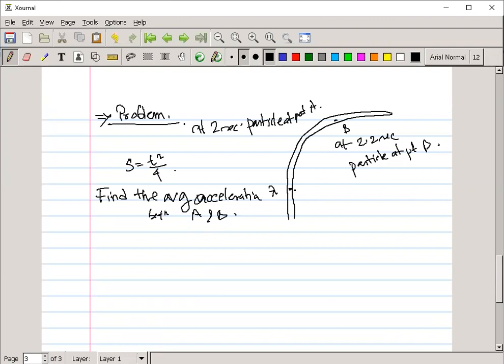It is given for a particle that at 2 seconds it is at point A, and at 2.2 seconds it is at point B. So in that interval the particle moves from A to B, and you have to find the acceleration between A and B, given s = t squared by 4.